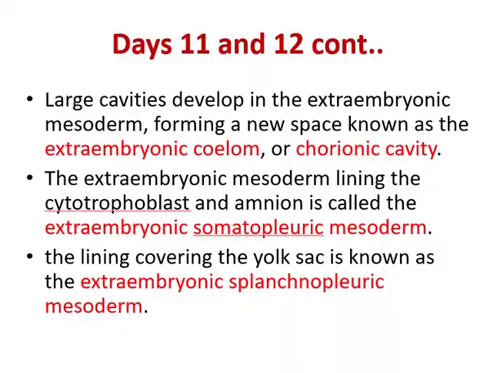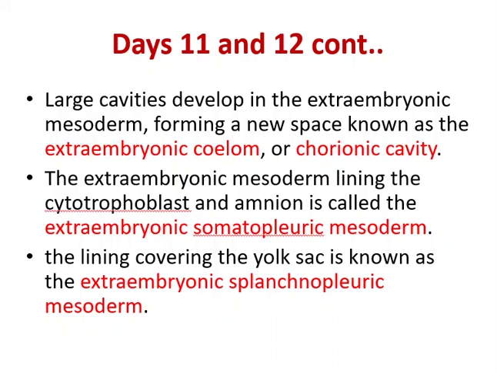Also, between day 11 and 12, a large cavity developed in the extraembryonic mesoderm, forming a new space called the extraembryonic coelom, as we see in the last figure, also called the chorionic cavity.